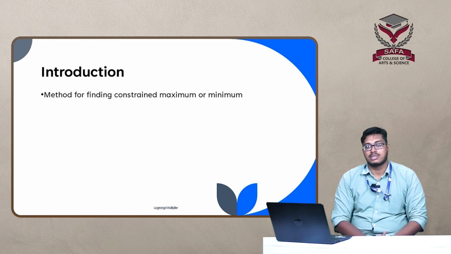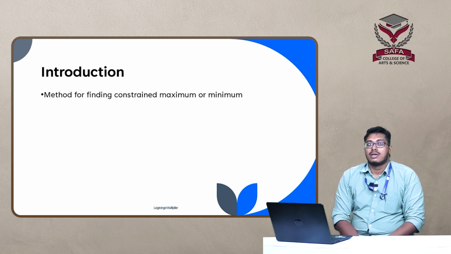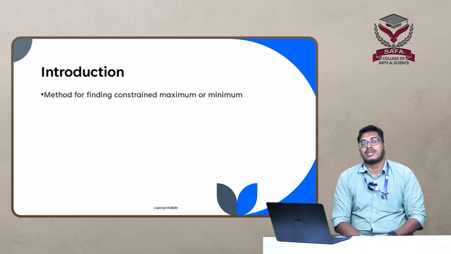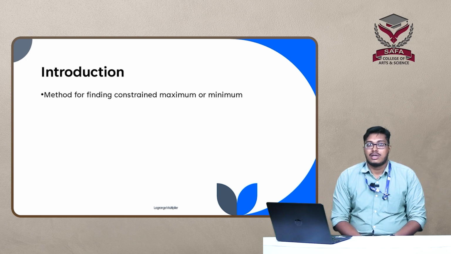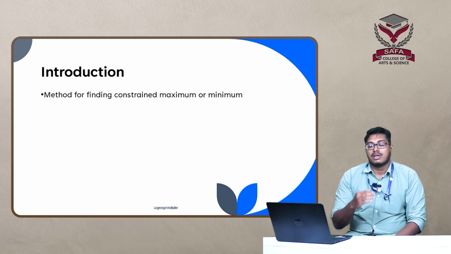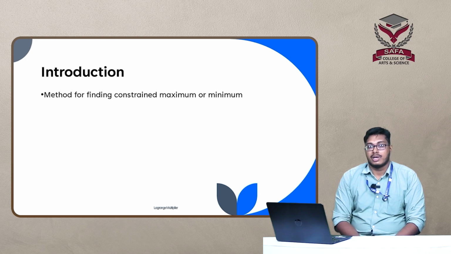The constraints means, in the case of profit maximization, there are so many constraints. In this session, we deal with the constraint optimization with the Lagrange multiplier.